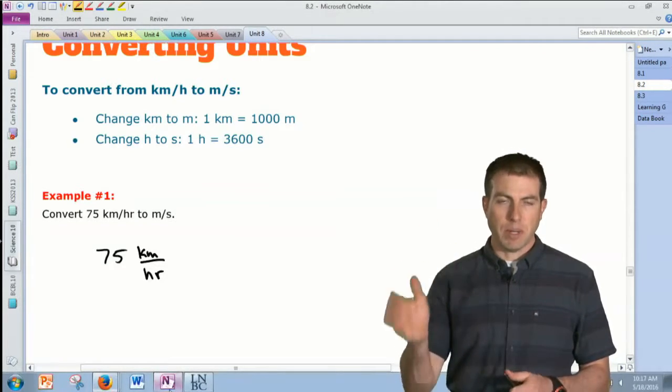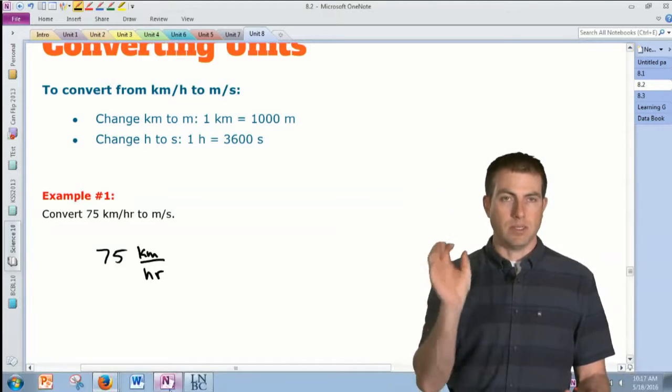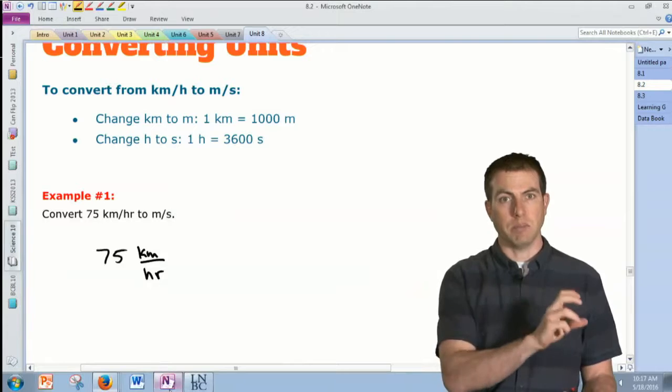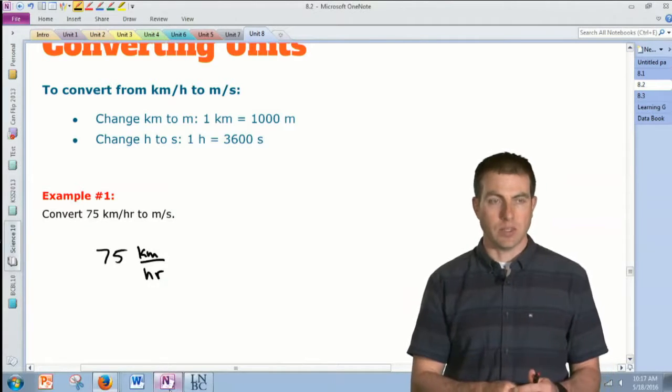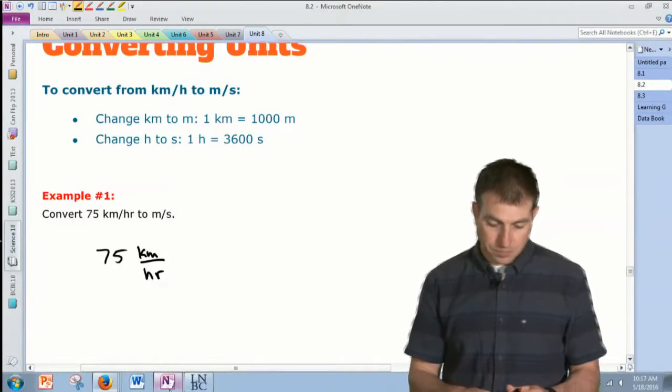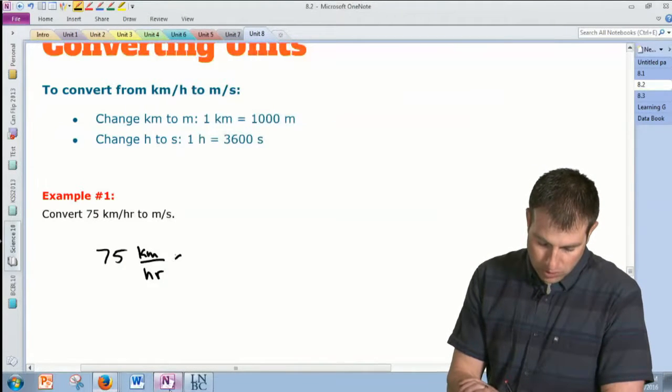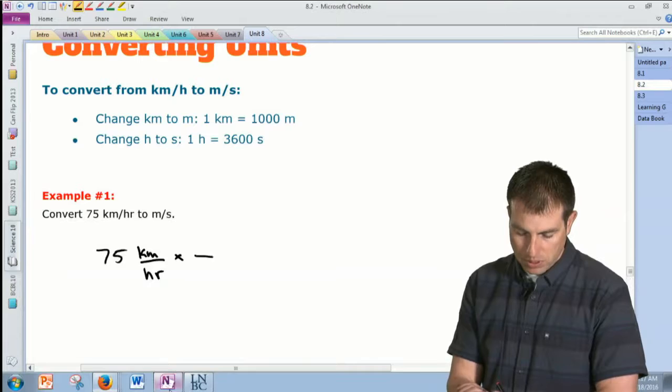So if I'm going from hours to seconds, I'm going to multiply 60 minutes in an hour times 60 seconds in a minute. 60 times 60 is 3,600.